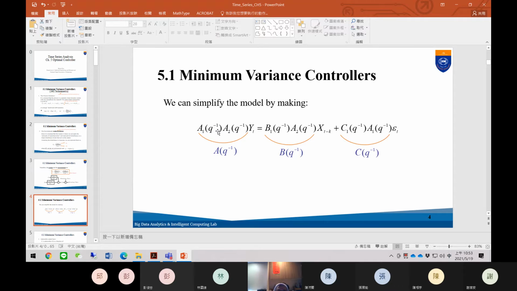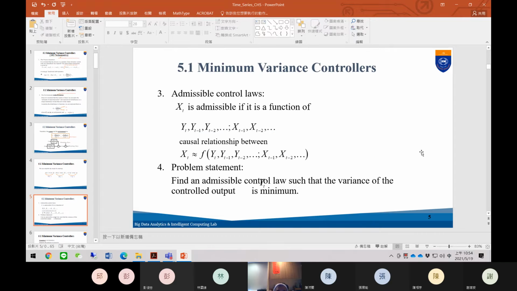A1 times A2 produces A, B1 times A2 produces B, C1 times A1 produces C. So collectively, we have A Y_t equal to B X_t minus K plus C epsilon t. So we're back to the generic form again.